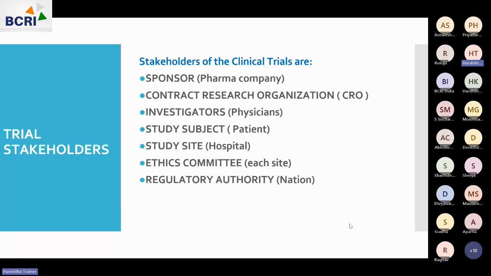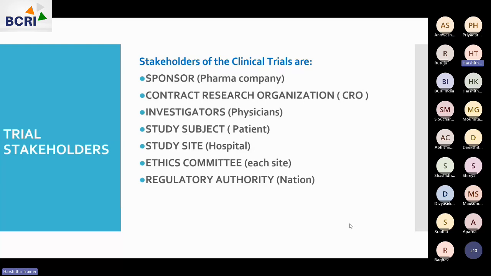As discussed, we have 4 different phases in clinical research: phase 1, 2, 3, and 4. Then let's discuss the main stakeholders in clinical trials. The sponsor is a pharma company who owns the investigational product, nothing but your drug. If I found a drug and I'm conducting a clinical trial on my own, then it will not have good results. For example, if I made a pancake on my own, gave it to my own set of people and asked how it tastes, that's not quality data, right?